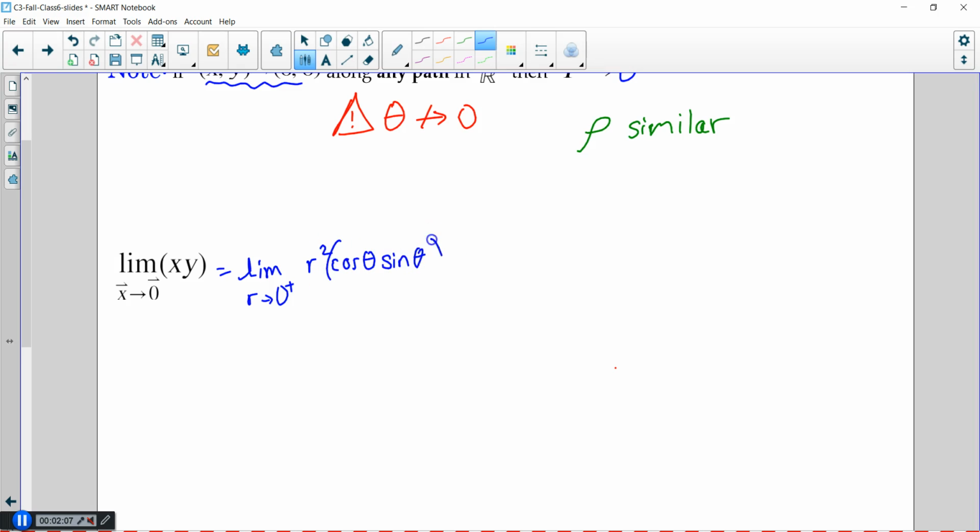But really what I'm saying at the end of the day is that if I'm looking at 0 from the right-hand side for r, this is just going to be 0, right? As I decrease r towards 0, the whole quantity is going to approach 0 no matter what. Okay, so that can help us reaffirm that yes, 0 is the correct limit for this function. Great, so we actually found a limit that exists.